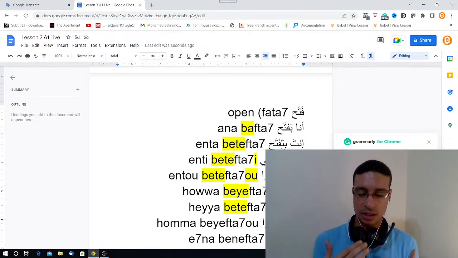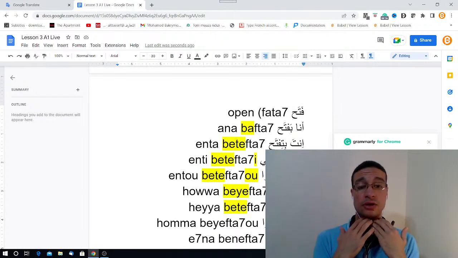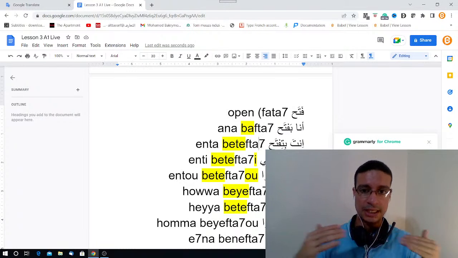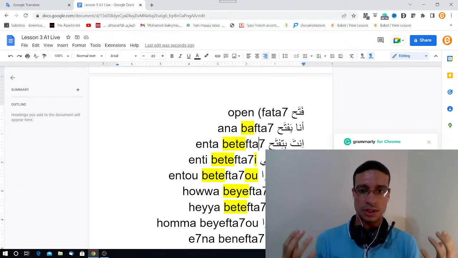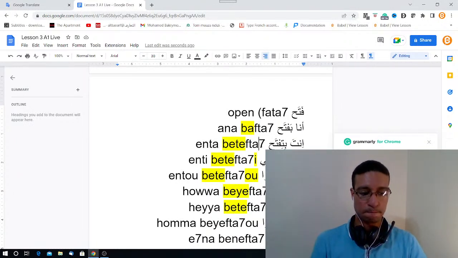It's like if you're eating something very hot. So your throat is not really open like when you pronounce the regular ha. It's not relaxed. It's a bit tighter. You're trying to block the air a little bit. So it's بتفتح. هي بتفتح, she opens.